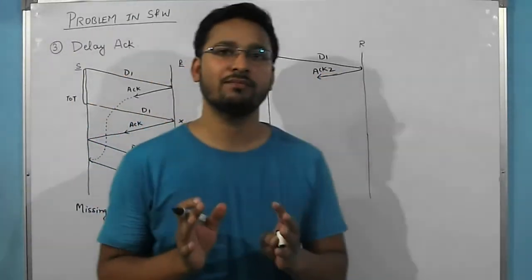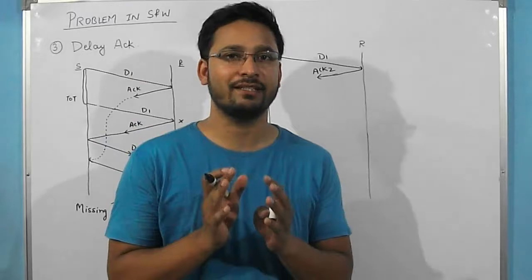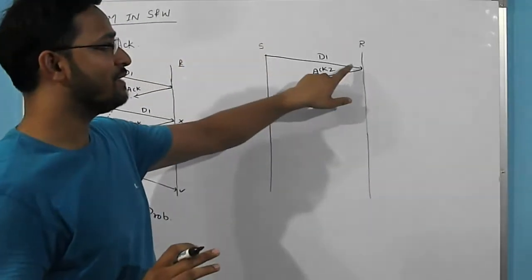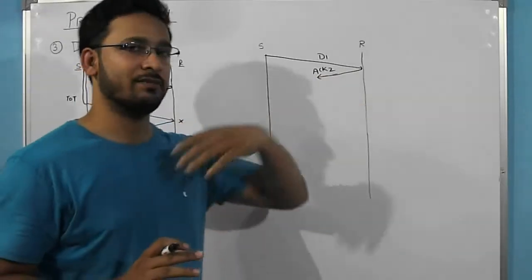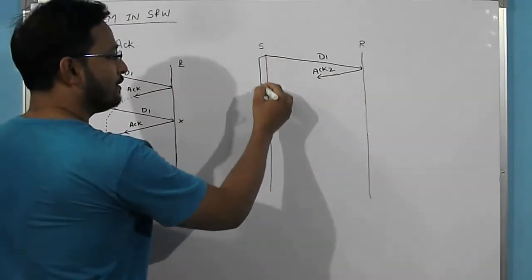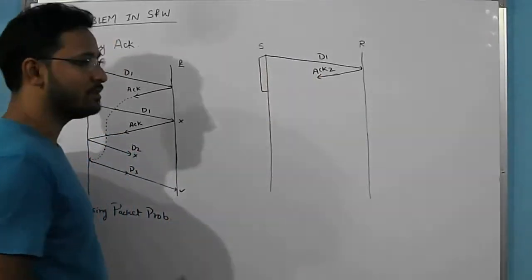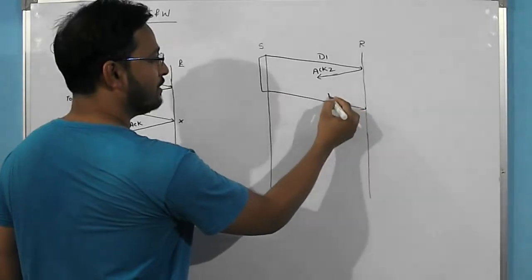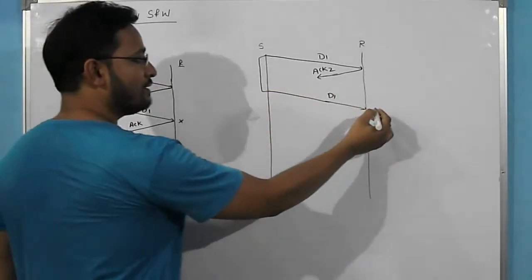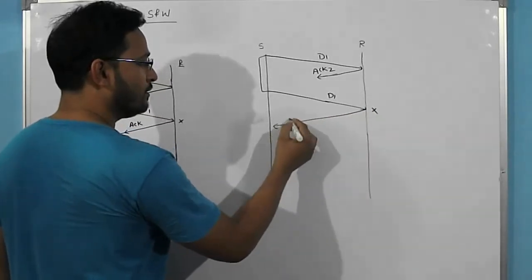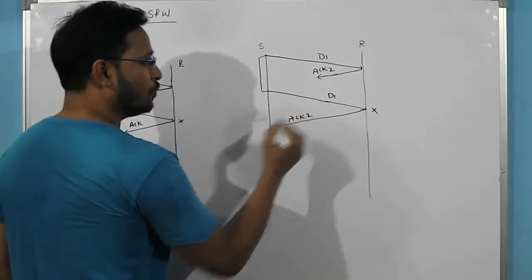Because acknowledgement always holds the sequence number of the next data packet. When receiver receives data packet 1, it sends the acknowledgement of data packet 2. Suppose this acknowledgement is lost, and after the timeout timer, data packet D1 is resent by the sender, and receiver rejects this data packet and sends acknowledgement 2.